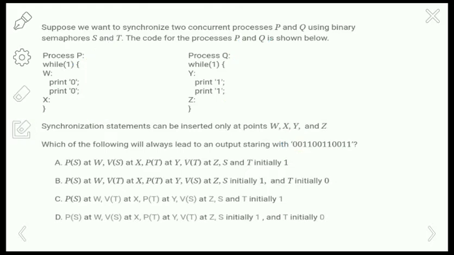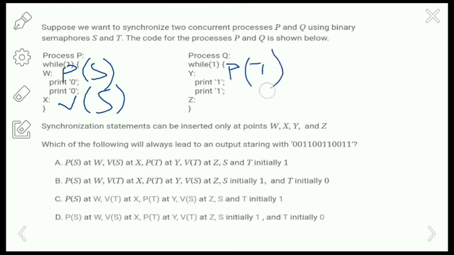Here in option A, it is given that P of S at W, V of S at X, P of T at Y, and V of T at Z, right? Given that the two semaphores S and T are both initialized to 1.